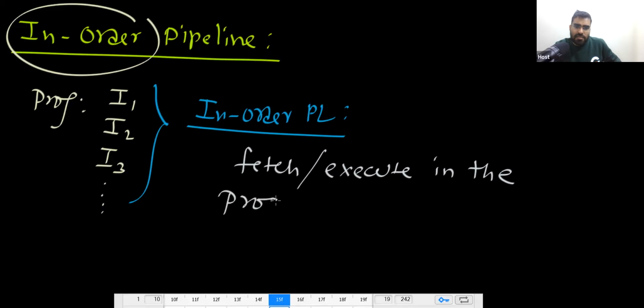Is this clear? In the program order. Don't worry, at the end I will explain what is out of order pipeline. I will explain this point at the end, so do not worry about it.